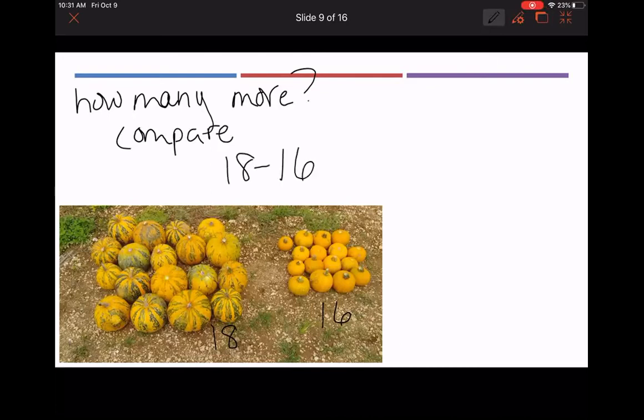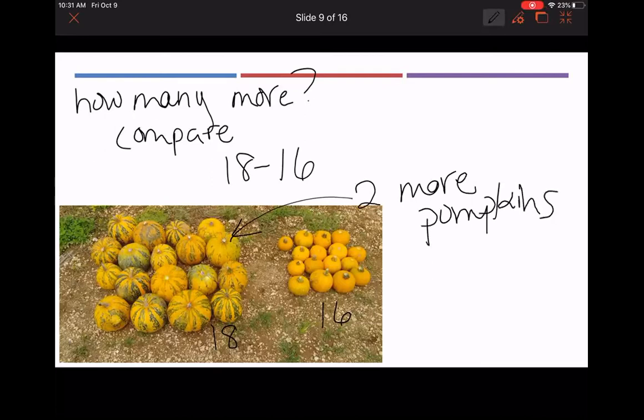The left side has 2 more pumpkins. So this is subtraction as not only counting backwards or adding a negative, but also comparison. How many more does this one have? Or how many fewer does the other one have?